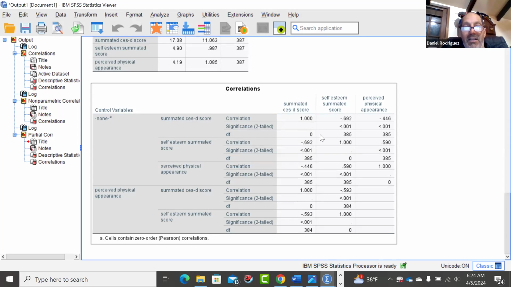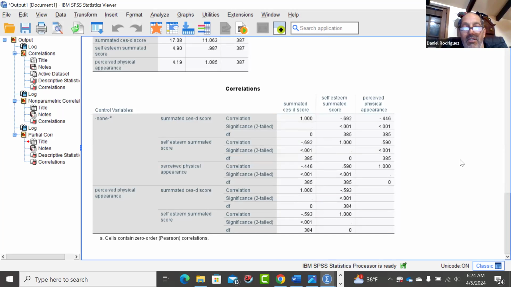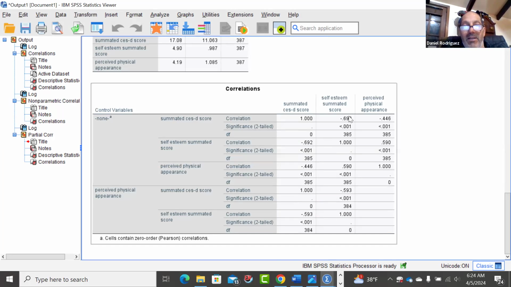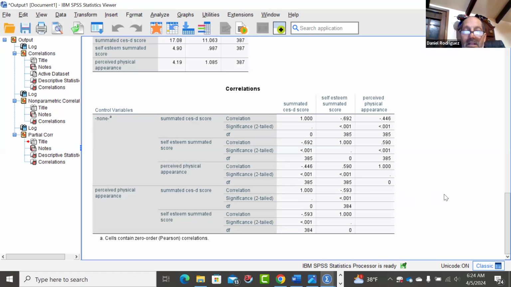It gives you a direct view of the zero order and the partial correlation. And you'll see this is exactly what we had before: minus 0.692, and then minus 0.593 partial correlation. So again, we have the same result as before.